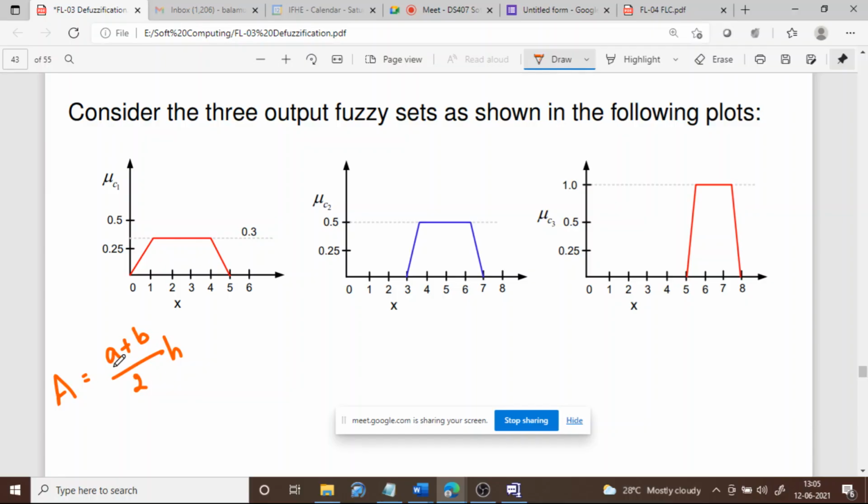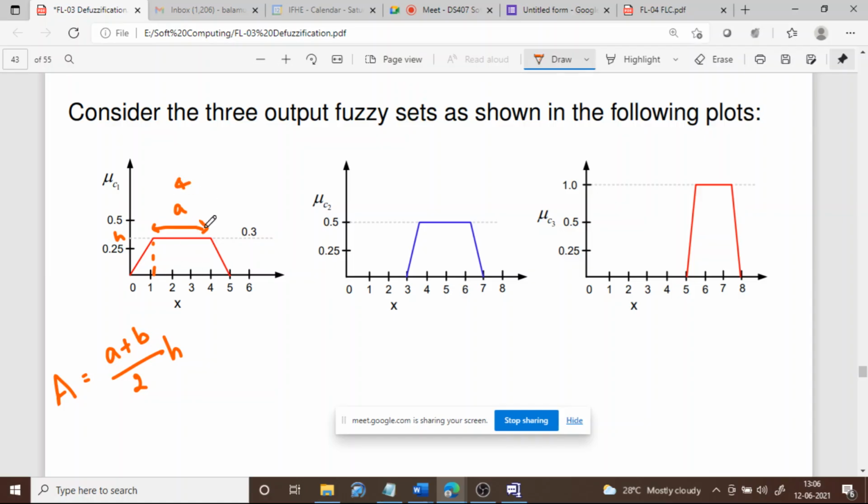Where this portion is the height, the maximum height. In this case it is 0.3, so H is 0.3. And what is a? The top width is called a. You can see it is between 1 and 5, so 5 minus 1 is 4.